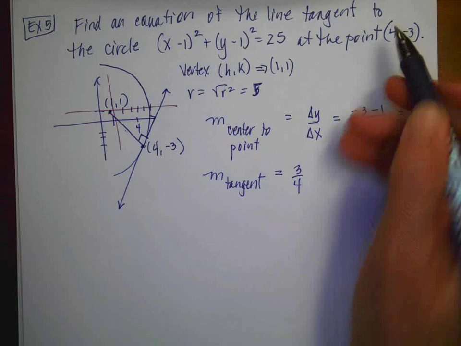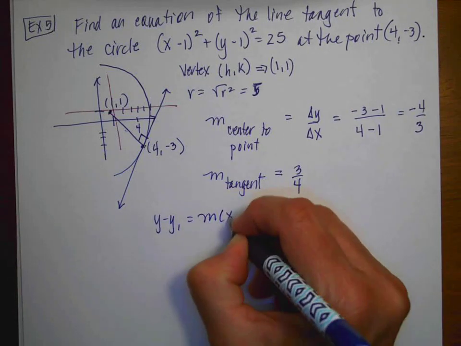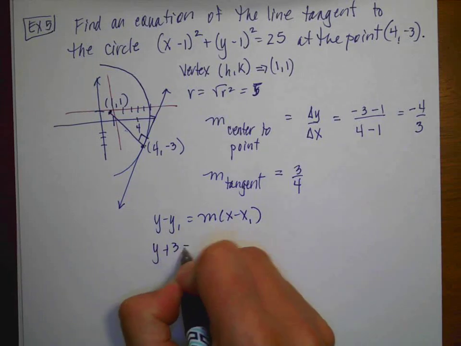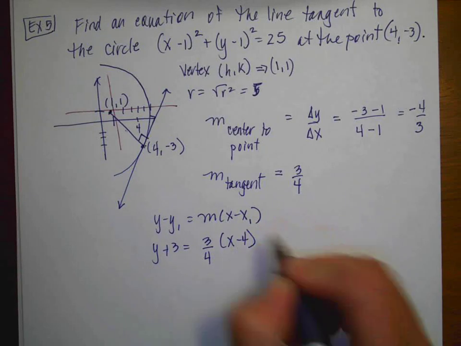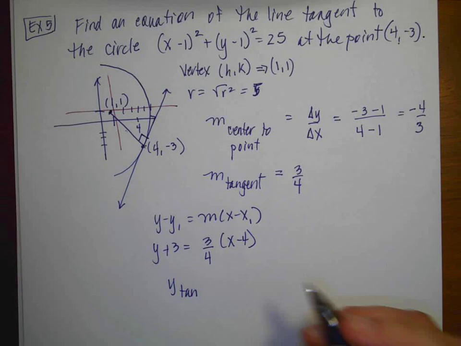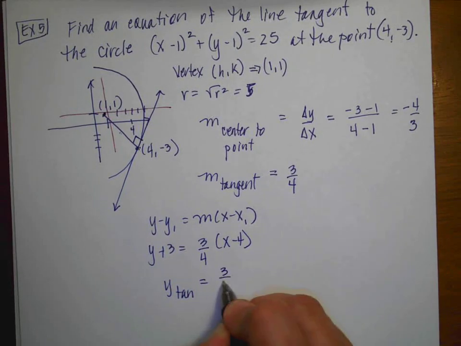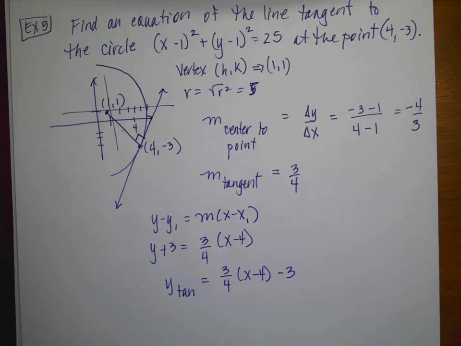I have the slope of the tangent, and I know my point that I want my line to go through, so I'm going to do my point slope formula, m times x minus x1. So it's going to be y plus 3 is equal to my tangent slope times x minus 4. And then I'm going to write y tangent, so I know that I'm reporting the equation of the tangent line is 3/4 times x minus 4 and then minus 3.